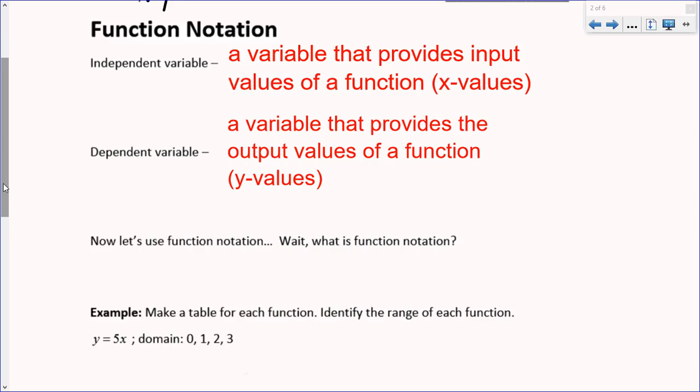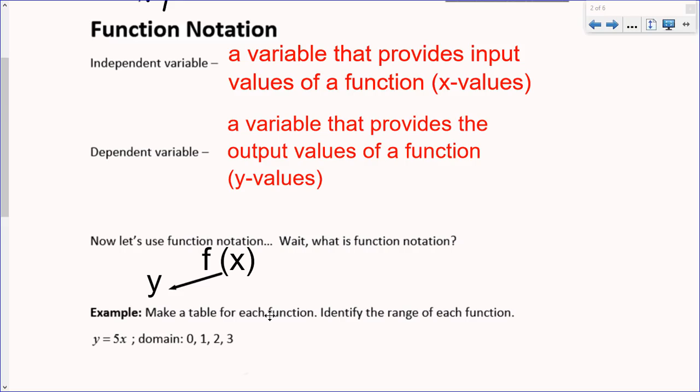Now we use function notation, which is this f of x, and then we always write equals whatever we have to do to x. So what that means is basically that's acting like your y value. Okay, so it's the same thing as your y value.